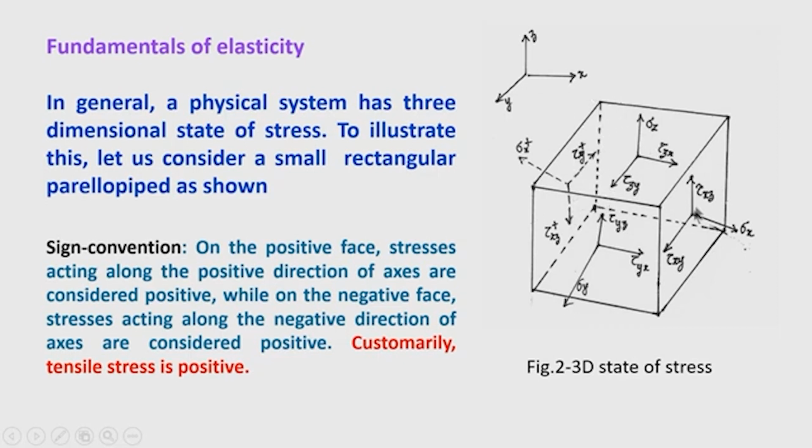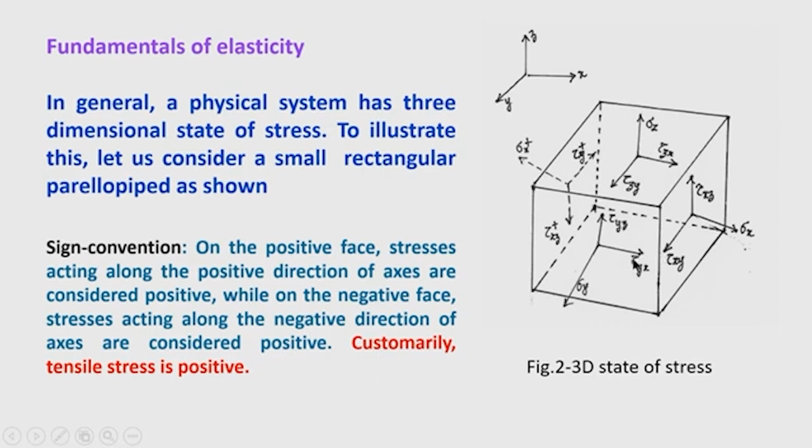So, the volume of this small element is dx, dy, dz. Now, here I have shown the stresses on the faces of the parallelepiped. So, on the 6 faces the stresses are there, but I have shown here the stresses in 4 faces, and other faces can be similarly constructed or written.